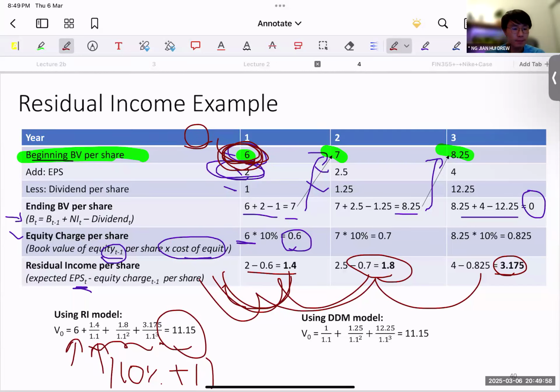Yeah, so I encourage you to try out the residual income model because it's really quite different from your FCFE and FCFF. Give it a go, to ensure that you are able to determine your residual income.